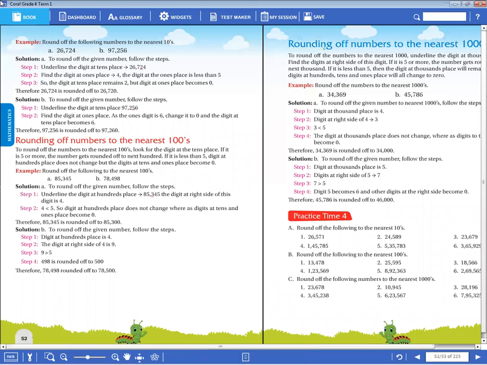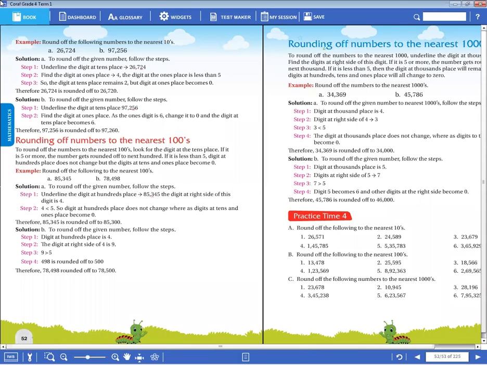Now next number, 1,45,785. Very good. Everyone, have you understood?